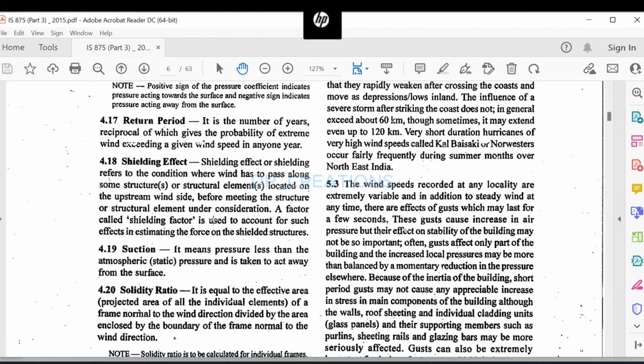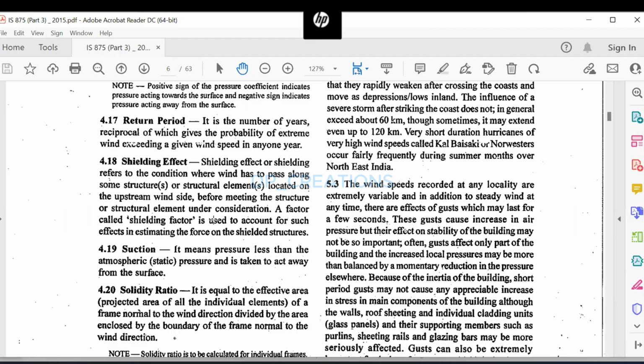Now, along with the pressure coefficient, you have one term, shielding effect. Shielding refers to the condition where wind has to pass along some structure or structural element located on the upstream wind side before meeting the structure or structural element under consideration. A factor called shielding factor is used to account for such effects in estimating the force.